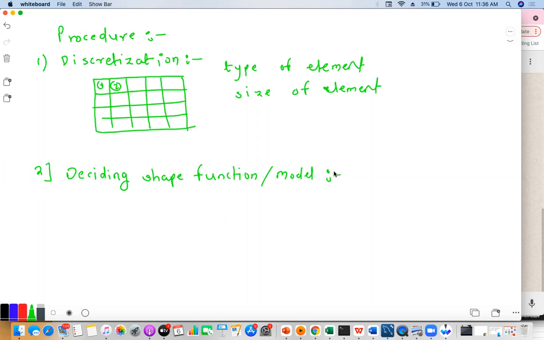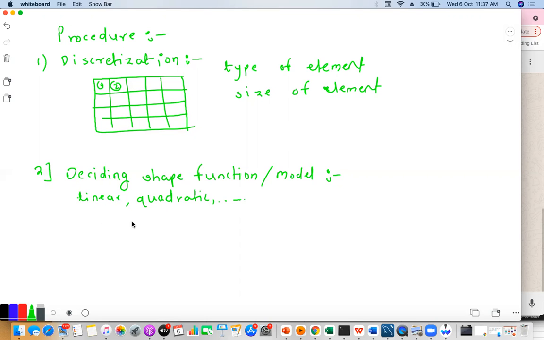Okay, so in this what we do, we'll either go with linear, quadratic, or different types; we will decide which shape function we want to use.